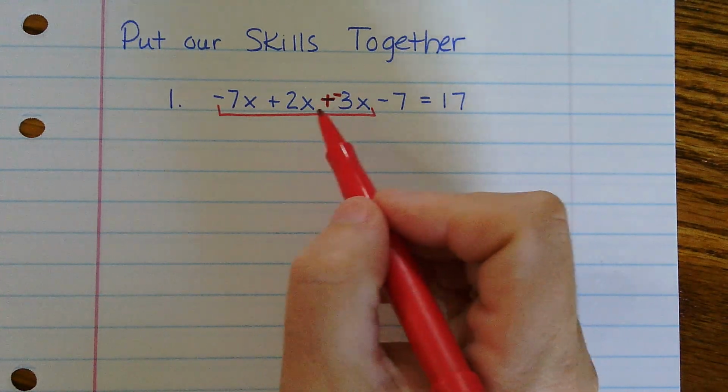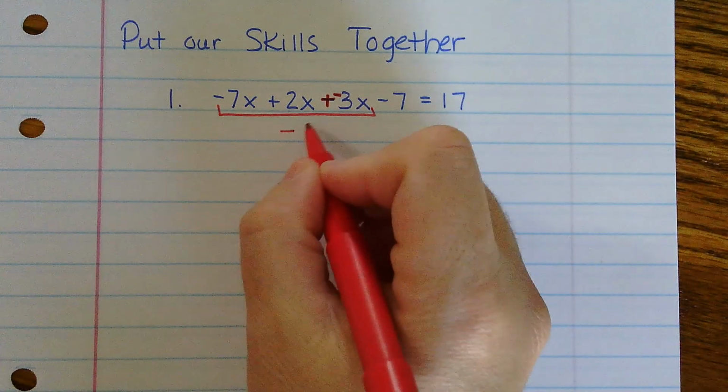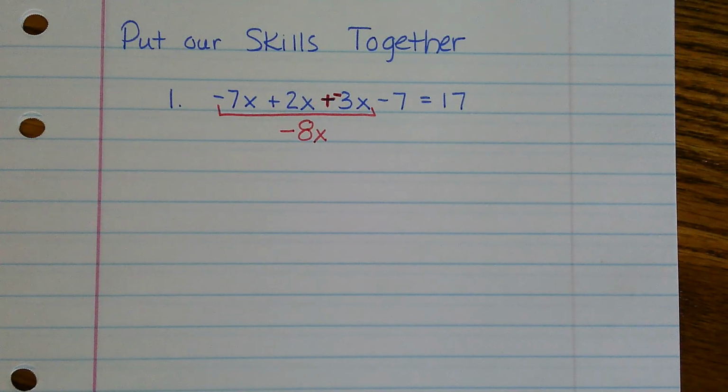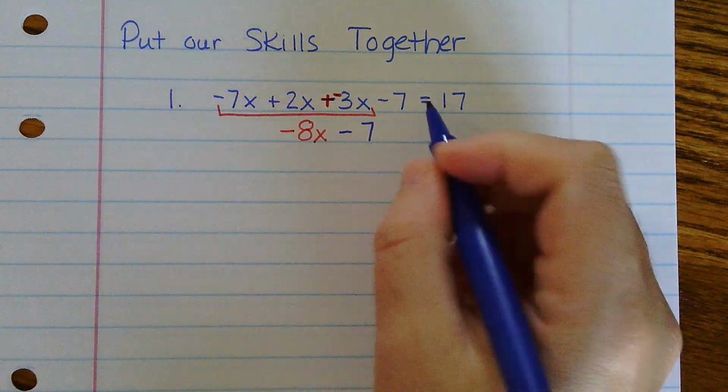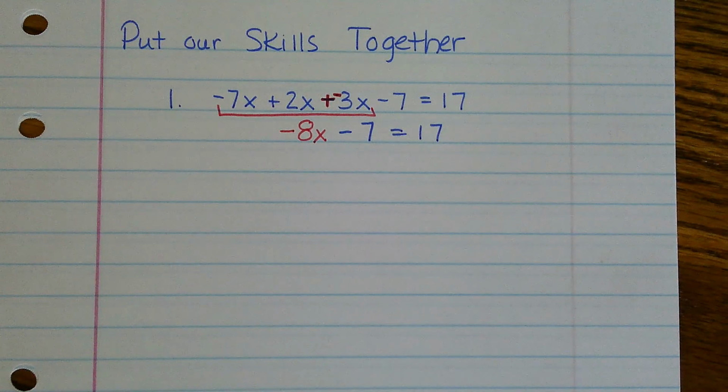And negative 10 and a positive 2 is going to give me a total of negative 8x. So as long as you get negative 8 there, no matter how you do it, addition is commutative. And then you just bring the rest of the equation down, which looks like minus 7 equals 17. So first step, combine like terms.